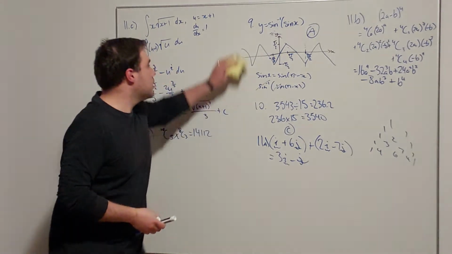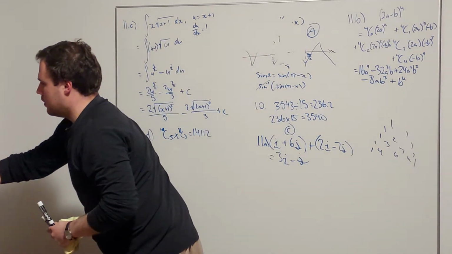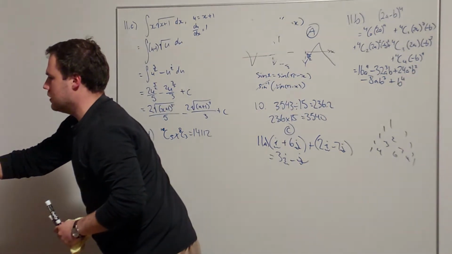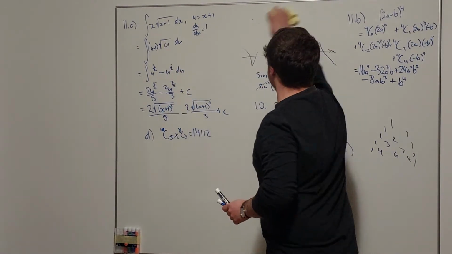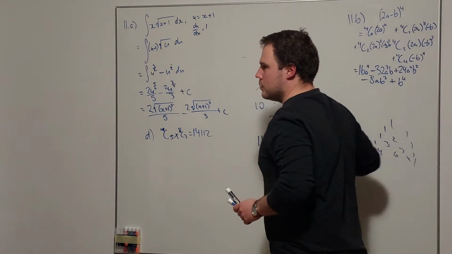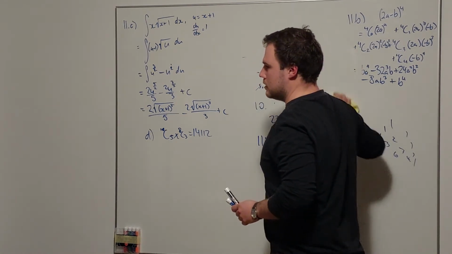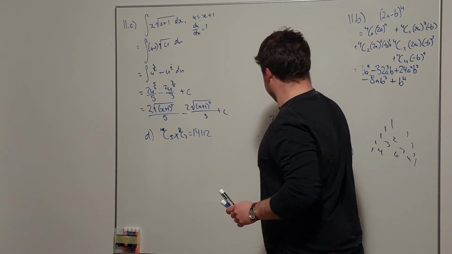Alright, 11E, we've got a spherical bubble is moving up through a liquid. As it rises, the bubble gets bigger and its radius increases at the rate of 0.2 millimeters per second.